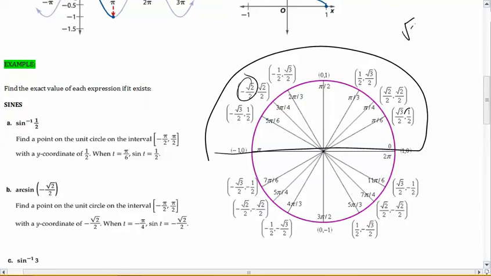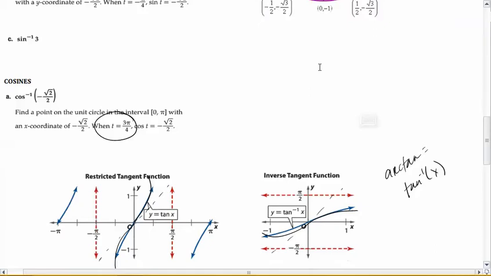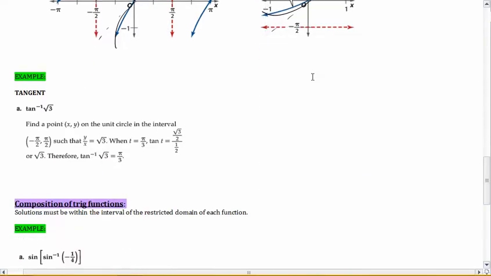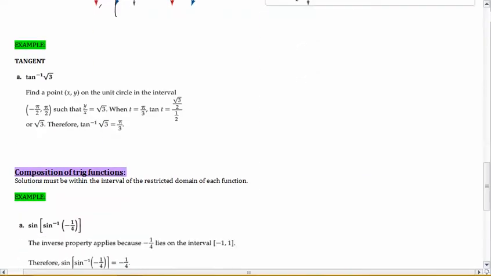We would have square root of 3/2 over, if we want to divide by something, we multiply by the inverse of it, so 2/1, which gives us square root of 3/1 at pi/3. So that is going to be your arctangent of square root of 3.